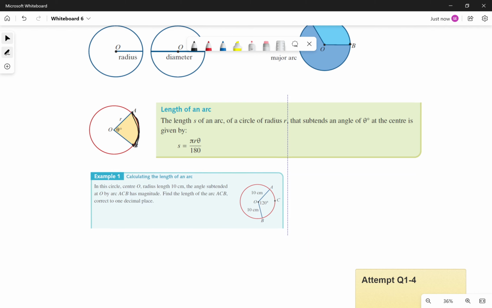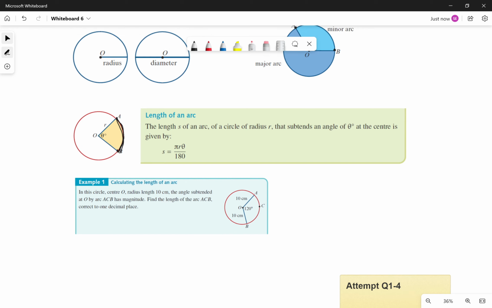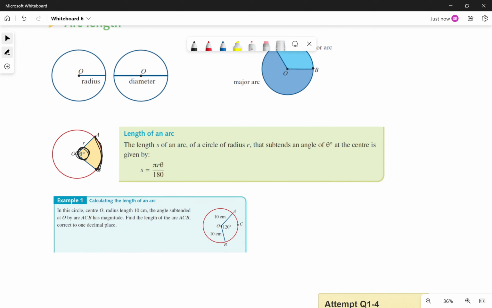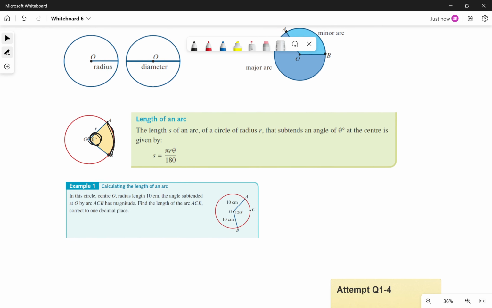Okay, so example 1. We've got a circle, it's got radius length 10, and the angle subtended at O. So what this means is this angle here is the one subtended, so looked after, at O, by arc ACB.